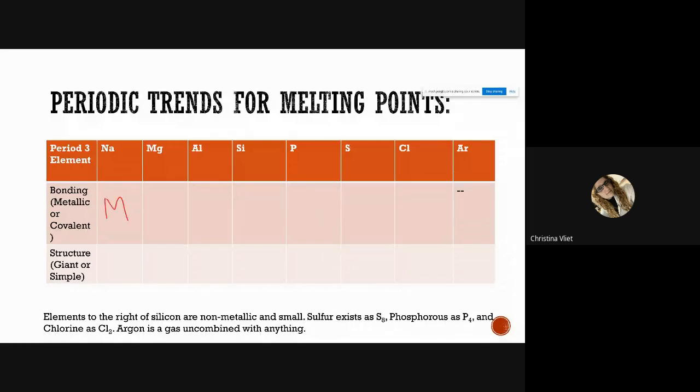Magnesium. What's the bonding between magnesium? Metallic. Aluminium. Silicon. It's giant covalent, right? Phosphorus. Covalent. Sulfur. Covalent. Chlorine. Covalent. Argon.